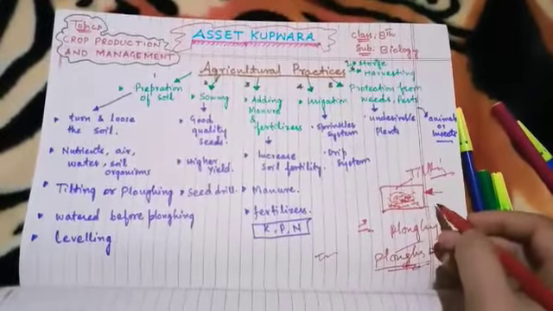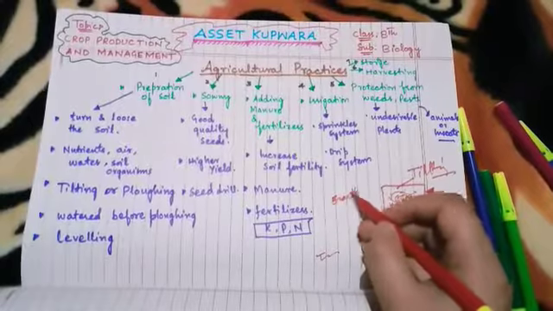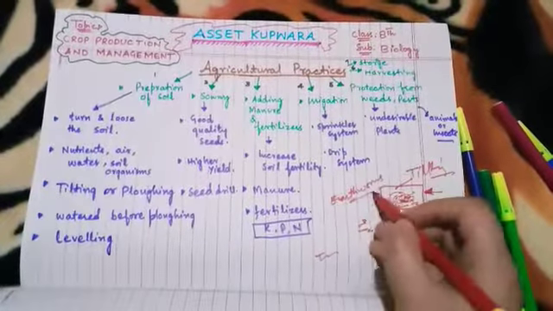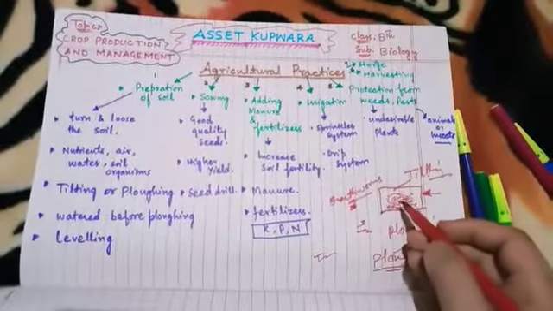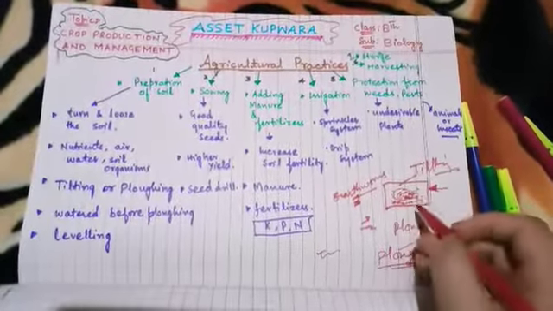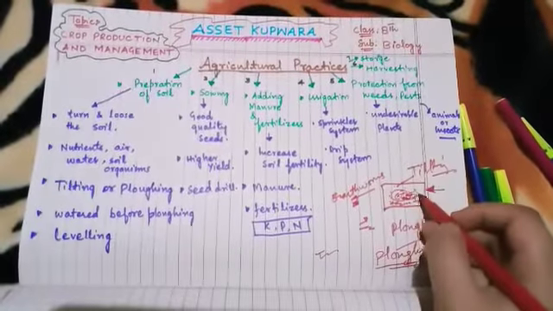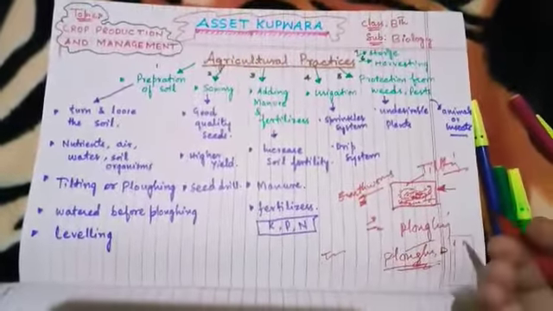For example, there are earthworms. They are called farmers' friends, because they are natural ploughers. They make the soil very fertile and nutrient rich.